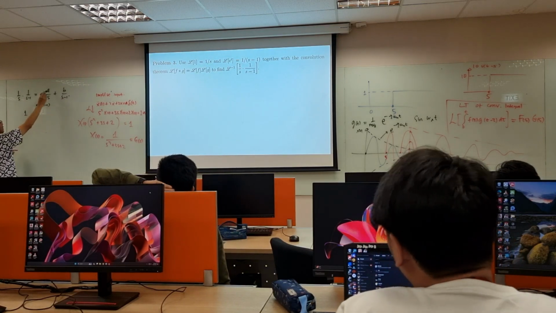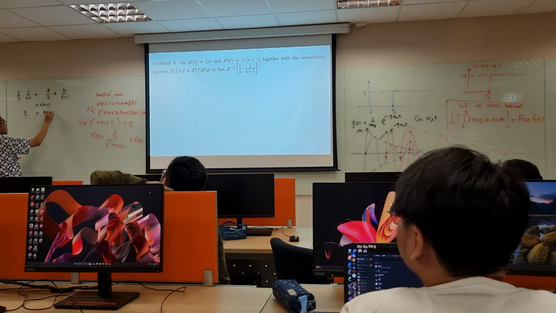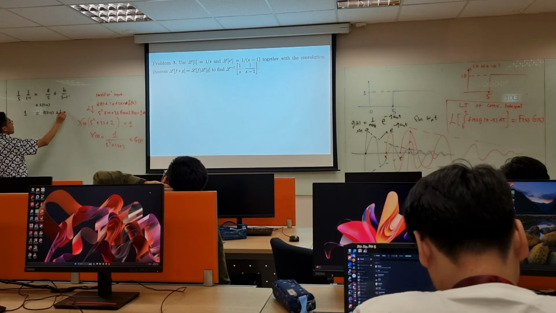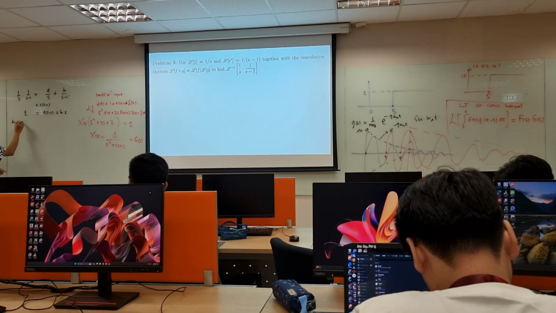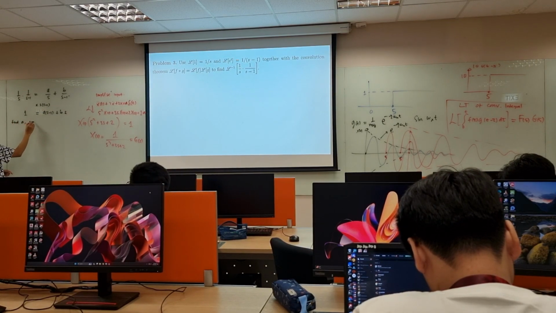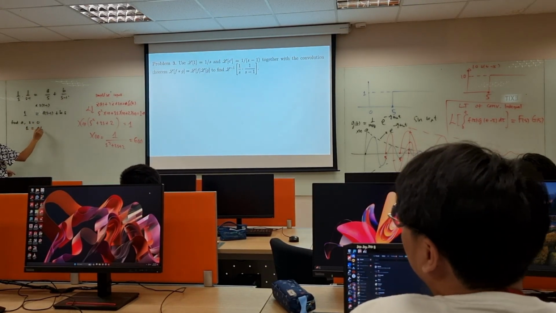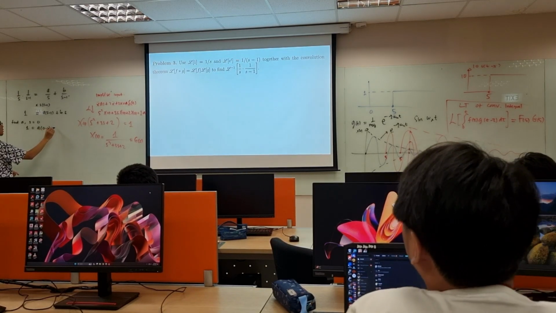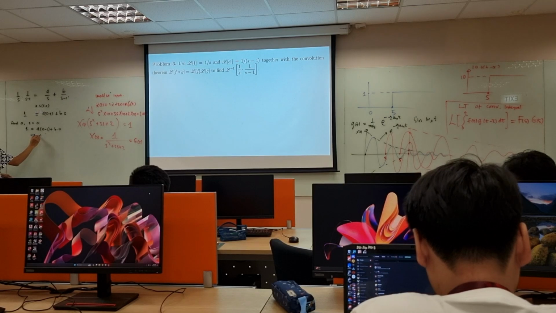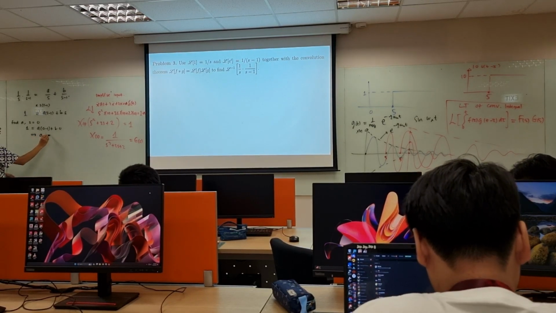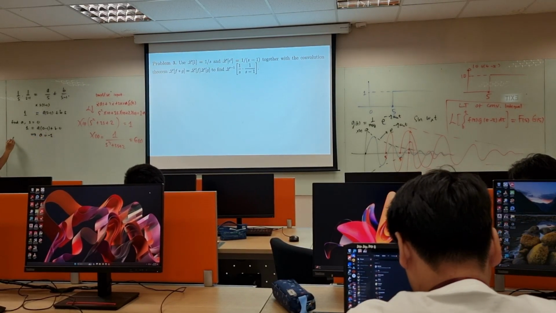What about the right hand side? If we want to find A, you use s equal to 0. So 1 equals A times (0 minus 1) plus B times 0. A is minus 1. Now find B.